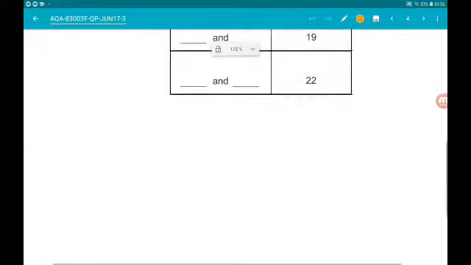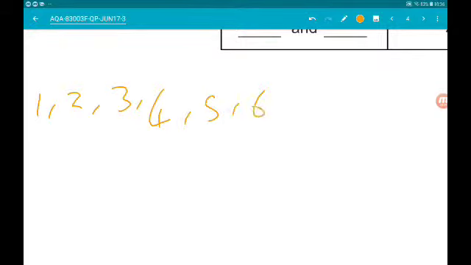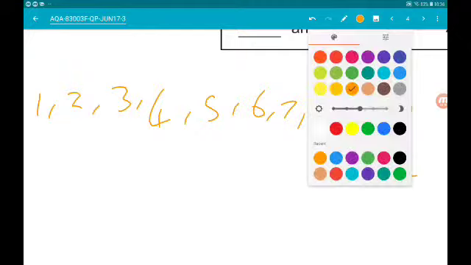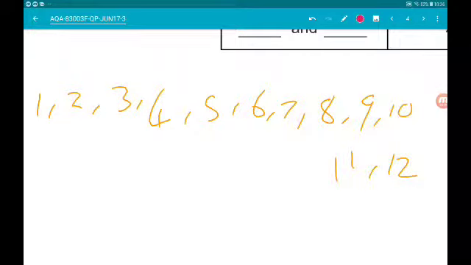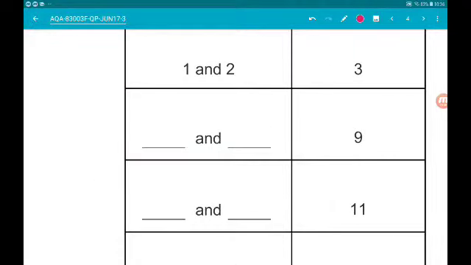What we're going to need to do first of all is write down all the numbers: 1, 2, 3, 4. For a question like this, if we start at the top, there's more than one way that we could make 9.